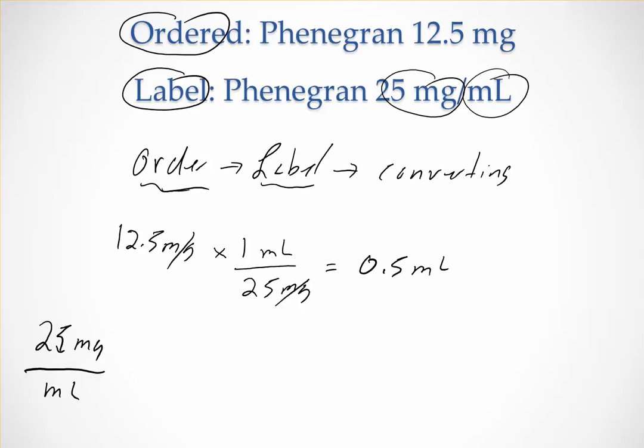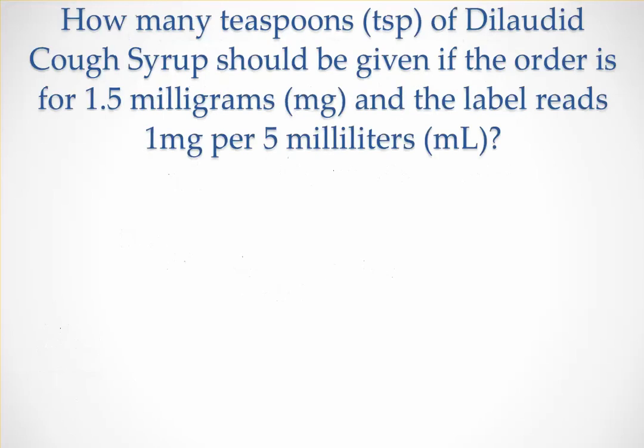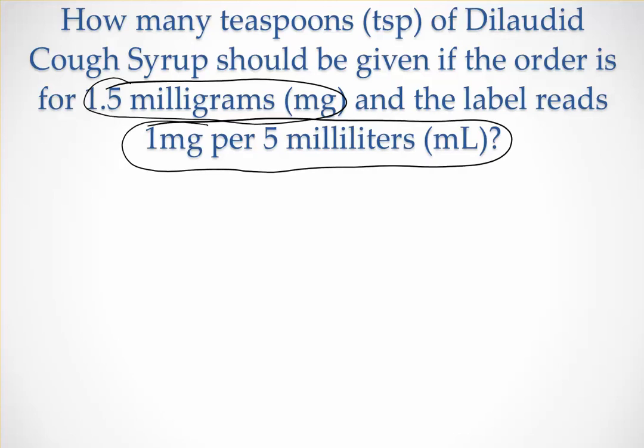Now sometimes we have to do a conversion. So how many teaspoons of dilated cough syrup should be given if the order is for 1.5 milligrams and the label reads 1 milligram per 5 milliliters? Now notice they want to know how many teaspoons we need. So we'll start with the order.